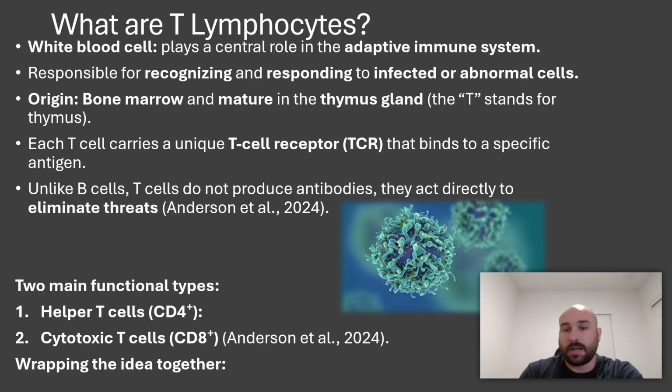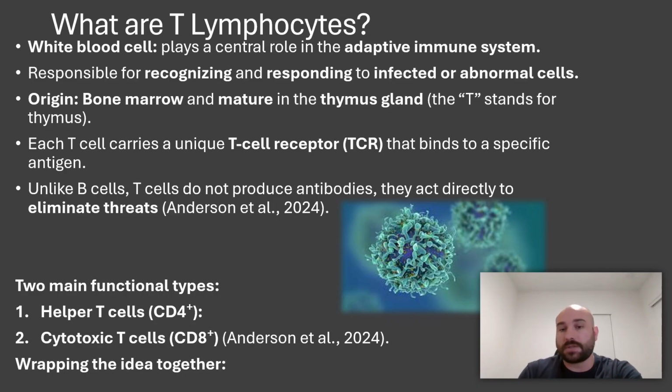Each T cell has a unique receptor on its surface called a T cell receptor, or TCR. This receptor is a scanner, and it's designed to detect specific antigens or parts of pathogens that other immune cells display. These cells go after infected or abnormal cells themselves and help eliminate those threats.